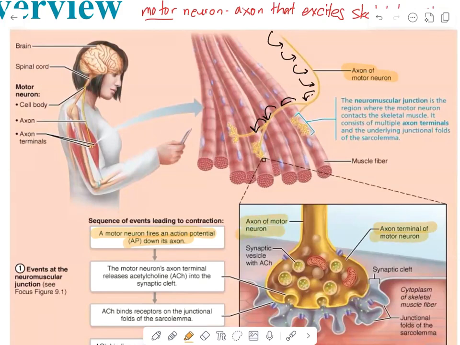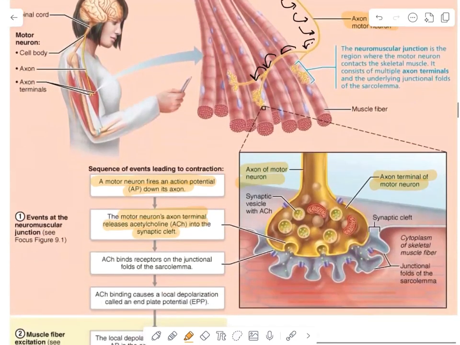The motor neuron's axon terminal then releases acetylcholine into the synaptic cleft. Remember, the acetylcholine is in a synaptic vesicle. It's released by what's called exocytosis, which you learned about earlier on in the semester.